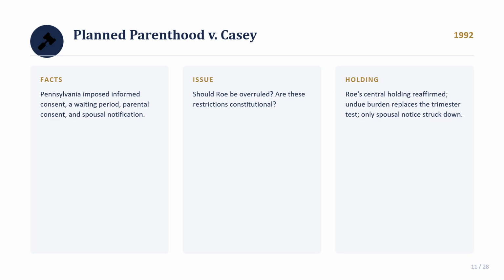But the specific legal framework that was used to protect that right changed substantially. So the undue burden test replaced the trimester framework. And of Pennsylvania's 4 restrictions, only the spousal notification requirement was actually struck down.